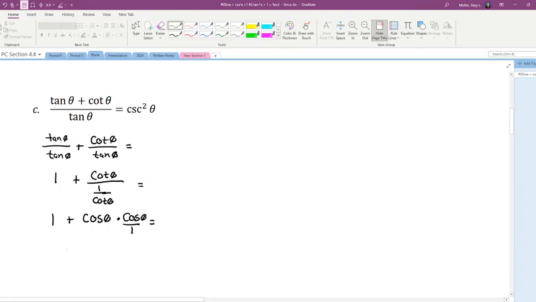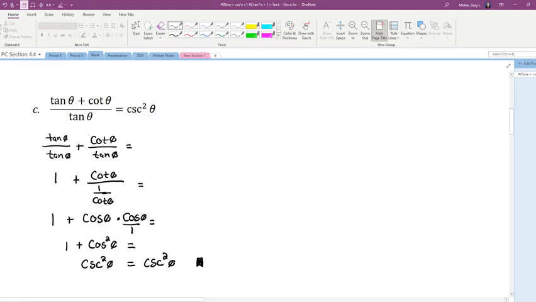And of course, that gives me 1 plus cosine squared theta. And I know that 1 plus cosine squared theta is the identity we just reviewed. It's simply cosecant squared theta, which is what I was trying to show it equals in the first place. And so we are done.